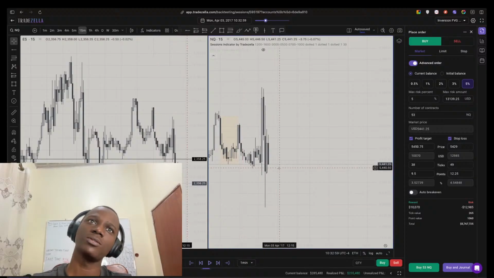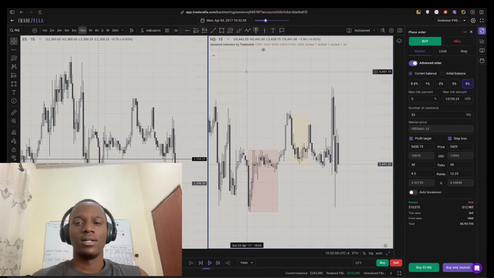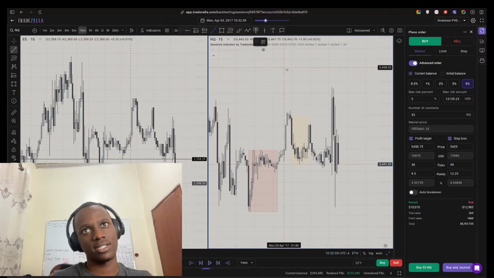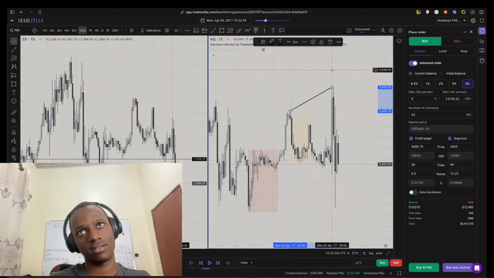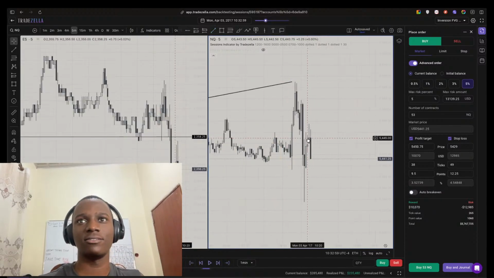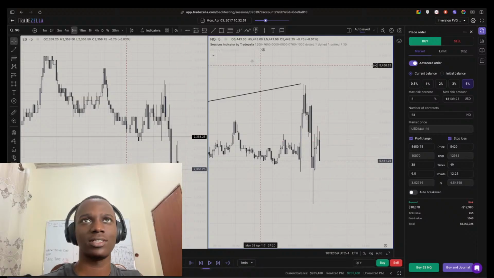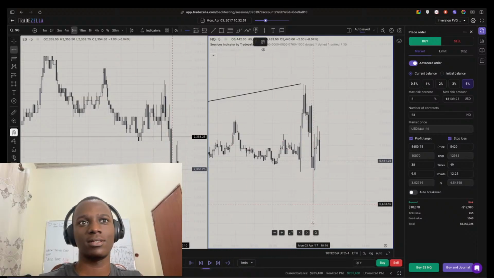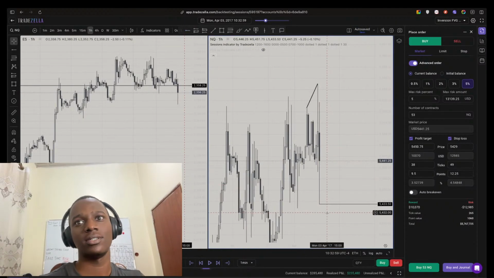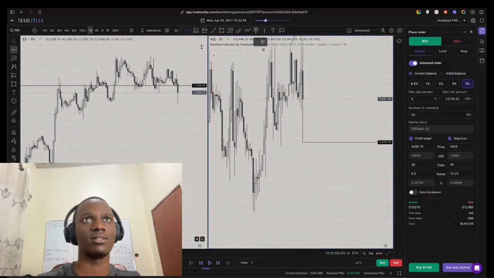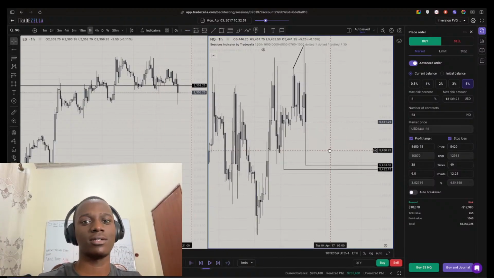I think I can spot something though. First things first, SMT at these highs right here. 5-minute is holding strongly in this gap, and we have this low here and this low here, so you can try shorts.